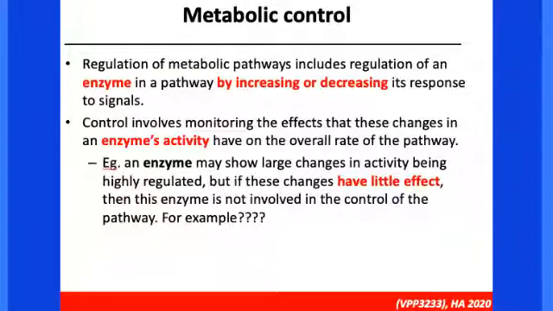Regulation of a metabolic pathway includes regulation of an enzyme in a pathway by increasing or decreasing its response to signals. Control involves monitoring the effects that these changes in enzyme activity have on the overall rate of the pathway. For example, an enzyme may show large changes in activity, being highly regulated, but if these changes have little effect, then this enzyme is not involved in the control of the pathway.